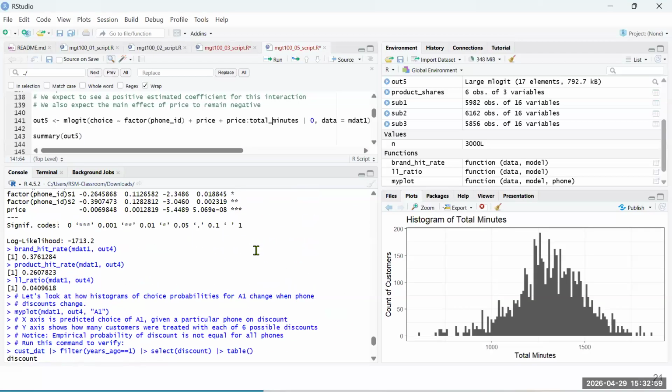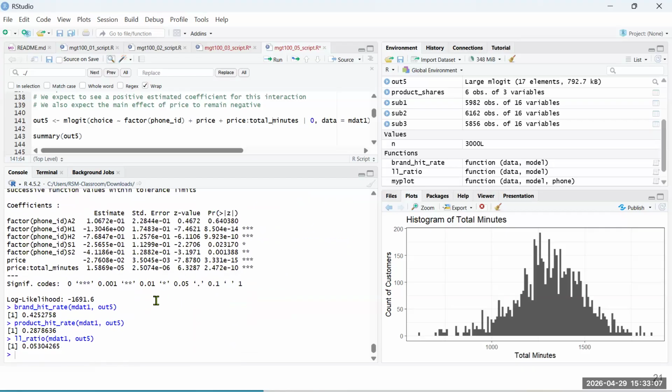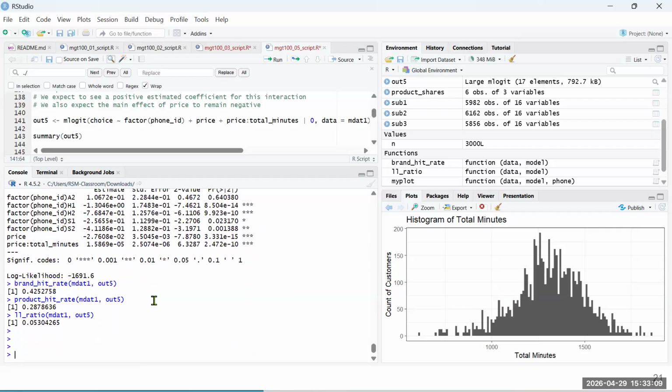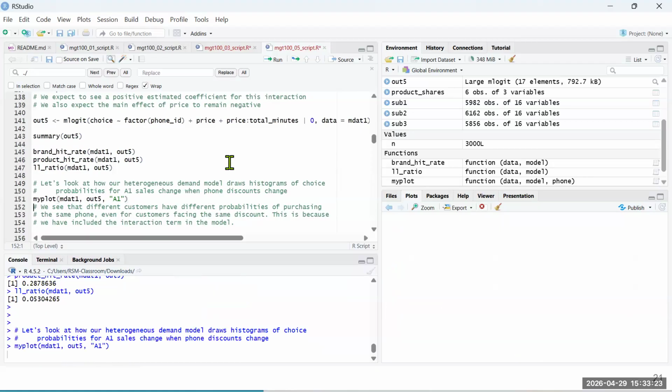So our previous model diagnostics were product hit rate of 26%, likelihood ratio of 0.0409. And now we're getting a product hit rate of 28.7%. It's a pretty substantial increase, actually. Likelihood ratio of 0.0530. Okay, so the measurables improved a bit, so it's probably gonna help us predict better.